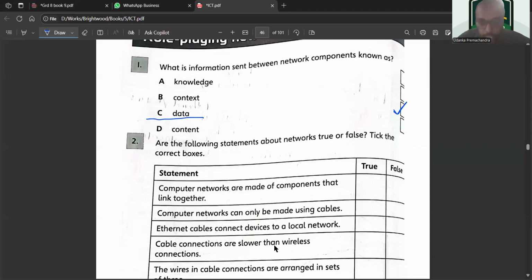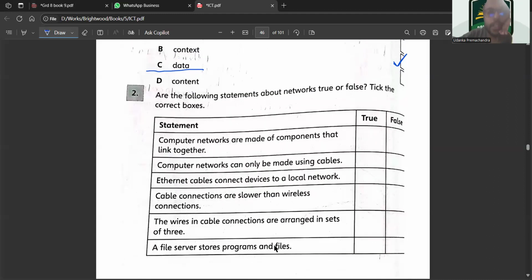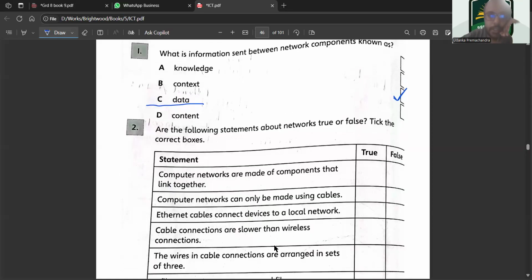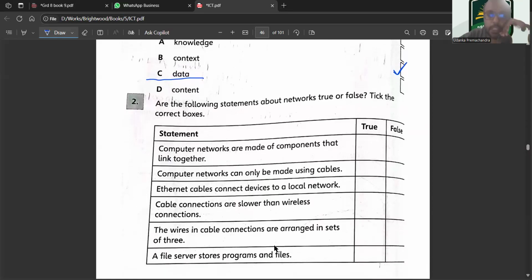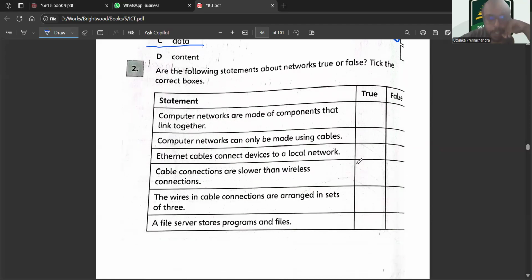Are the following statements about networks true or false? Tick the correct boxes. Now you should tick the correct one. If it is true, tick the true box. If it is false, tick the false box. Okay, try to do it. I give you 2 minutes, Wesley. After that, we will discuss.